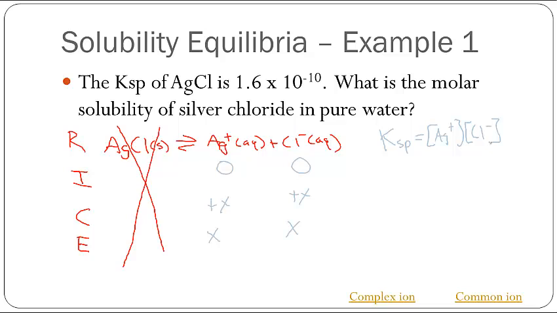So I know 1.6 times 10 to the minus 10th equals x times x, which is x squared. So I solve for x, and I get 1.26 times 10 to the minus 5th moles per liter.